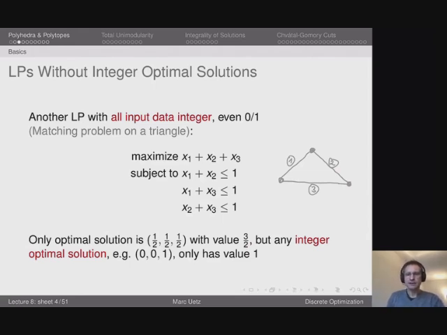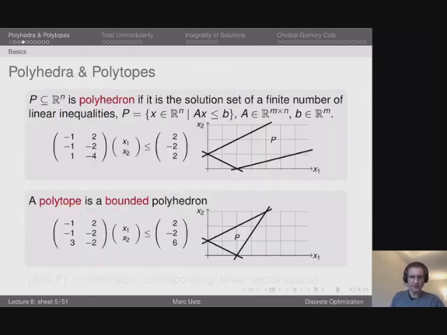And in order to study these problems, we are going to look at the object where such a linear program actually lives. Okay, so that is an object which is defined by a set of linear inequalities, and that's a polyhedron or a polytope. Okay, so we need the definition of a polyhedron and a polytope.